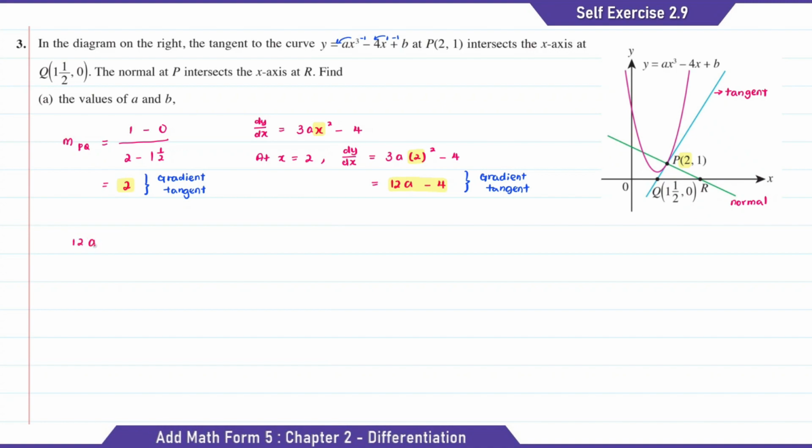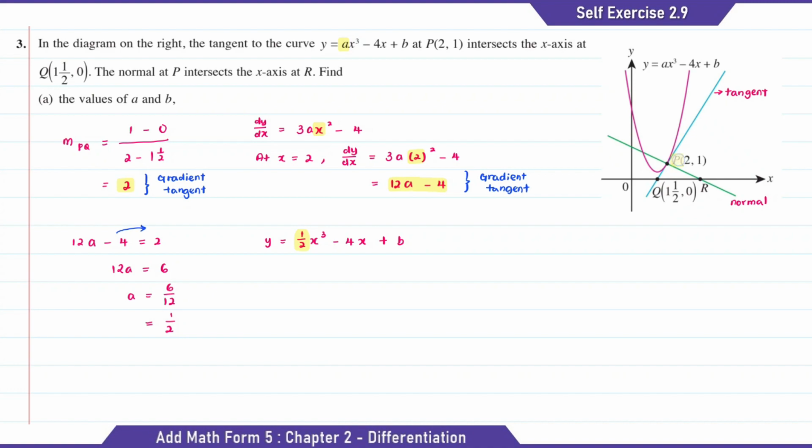This 2 is the gradient of the tangent. Then 12a minus 4 is equal to 2. 12a equal to 2 plus 4, which is 6. Then a equal to 6 divided by 12, which is 1 over 2. As we know the value of a, the equation of the curve will be this.